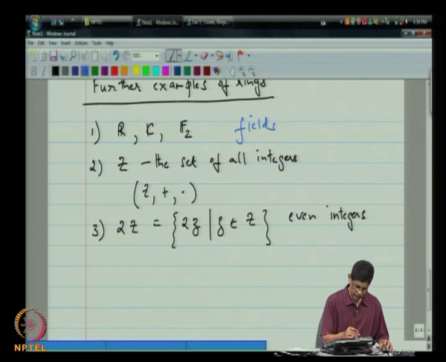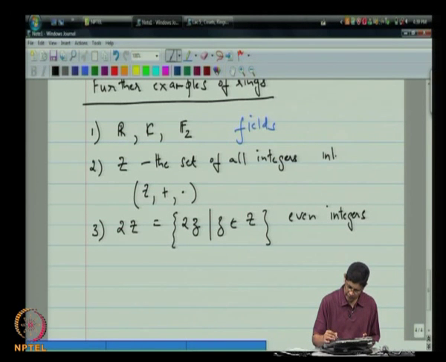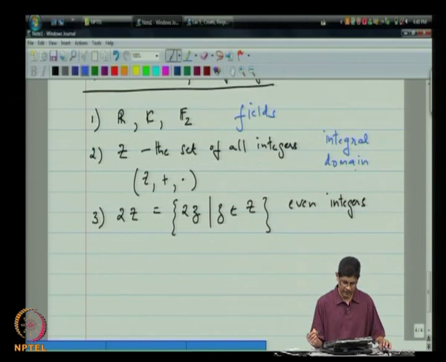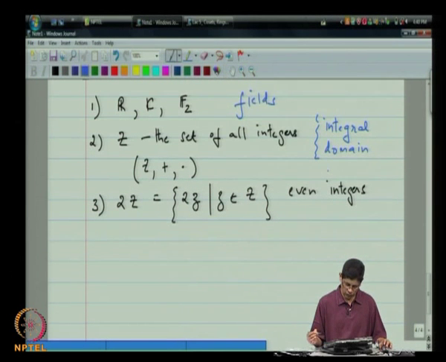Okay. By the way, we already decided that this was an integral domain. It is also a ring with identity, but I will not mention that here. Then 2Z is a set of all even integers.